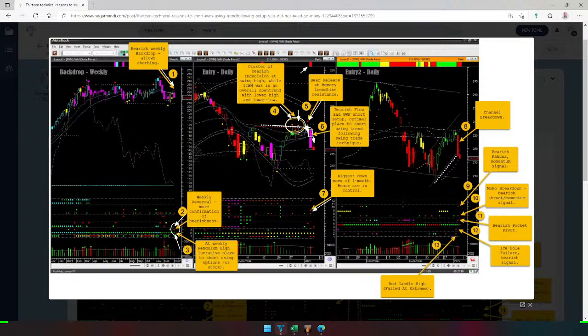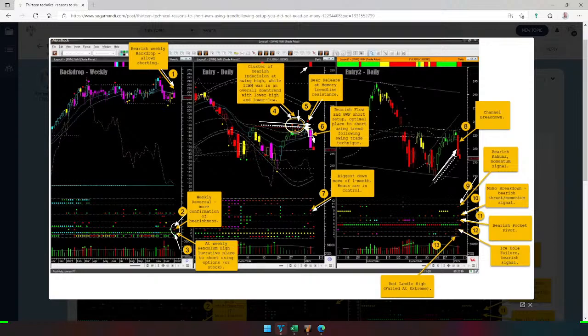If we looked at the alternate signals, it broke down below the channel line. So it reversed from trendline resistance, broke down below the channel line. Then we had a series of momentum signals: bearish kahuna, Mobo breakdown, bearish pocket pivot.